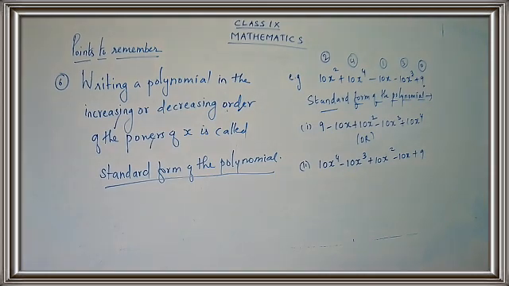When you arrange them in the increasing or decreasing order, then the polynomial is in standard form. So what is the definition for standard form? Writing a polynomial in the increasing or decreasing order of the powers of x is called standard form of the polynomial. Are you clear children? Good.